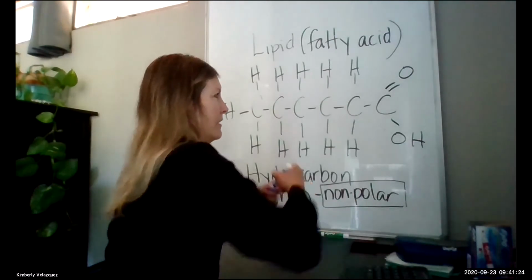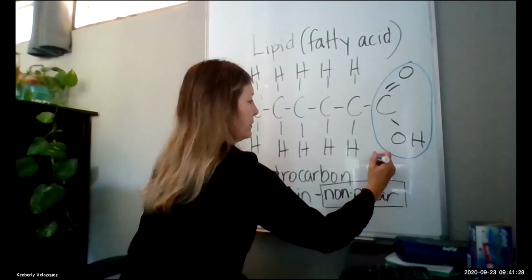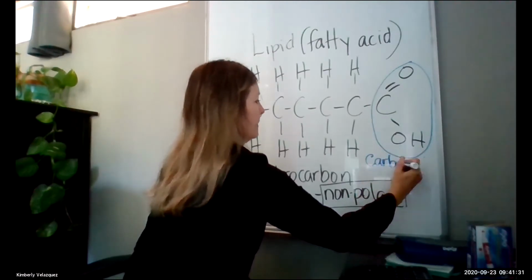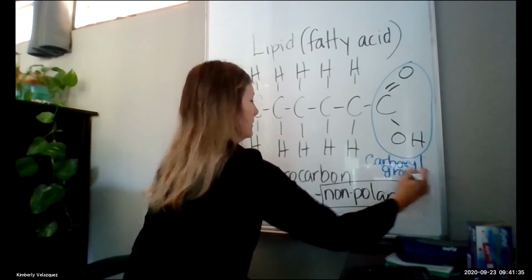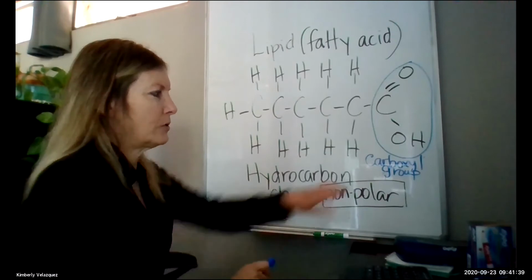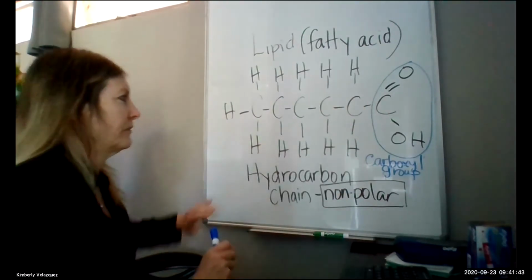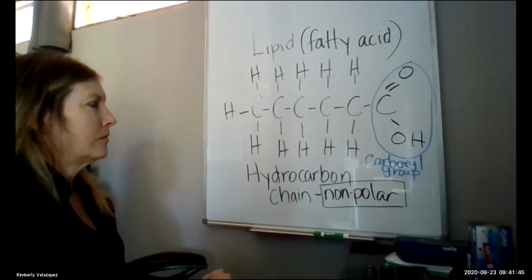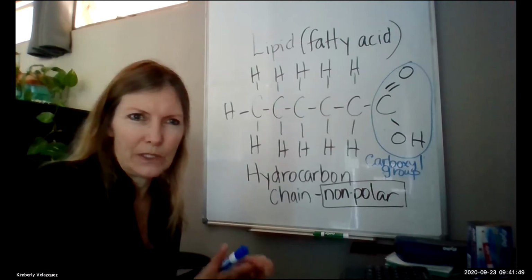This part right here is our other clue that we're looking at a lipid, because we have a carboxyl group. You're going to see a carboxyl group when we look at proteins also, but proteins don't have this hydrocarbon chain. So those are the two that most students get confused.